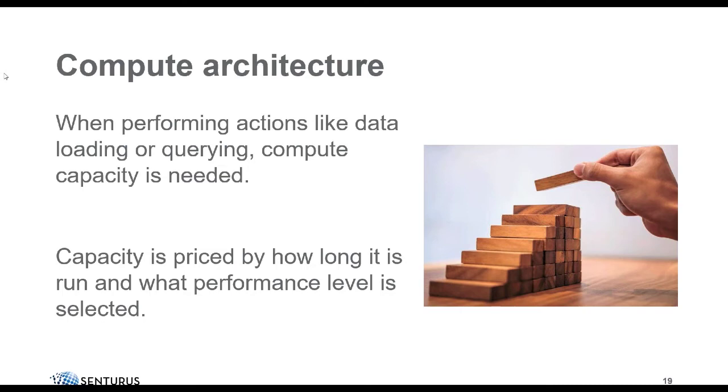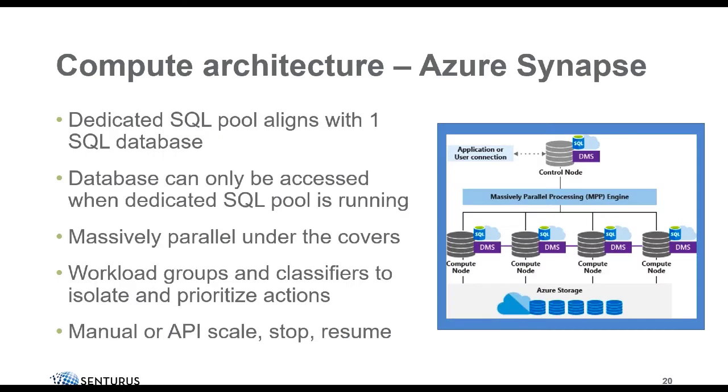In both systems, and we'll talk a little deeper on pricing, capacity is always priced by how much you use, how long you use it, and at what performance level you're looking for out of the system. So Gary, will you dive deep with us a little bit on how Azure is approaching compute capacity with Synapse? Sure.